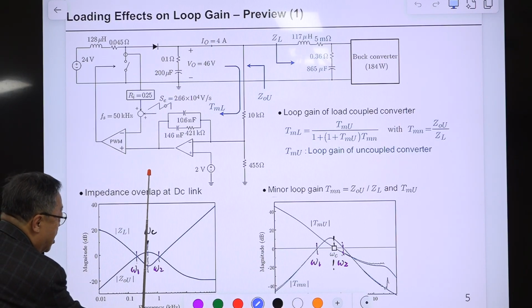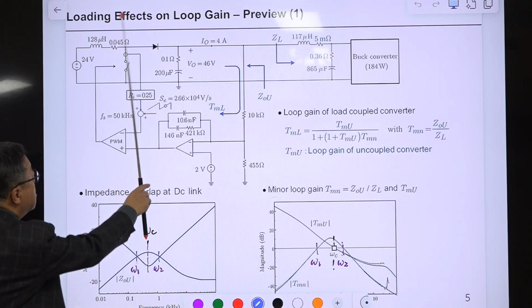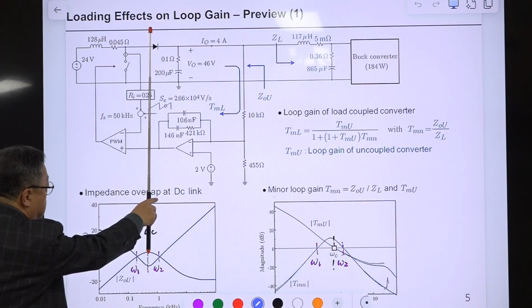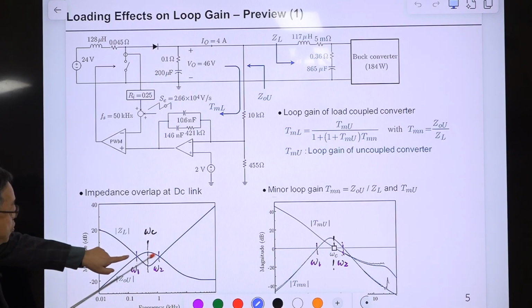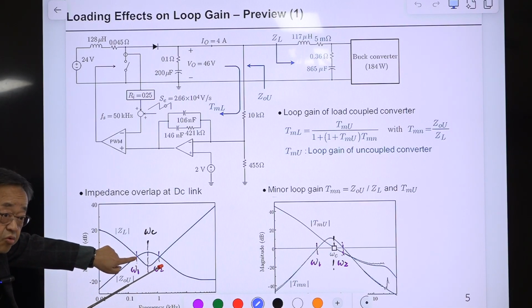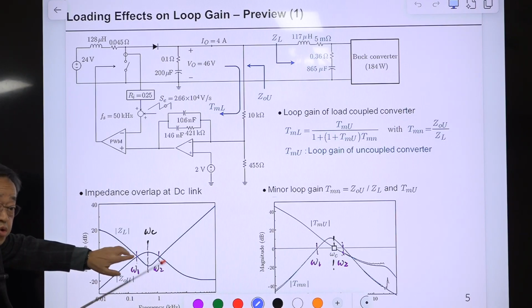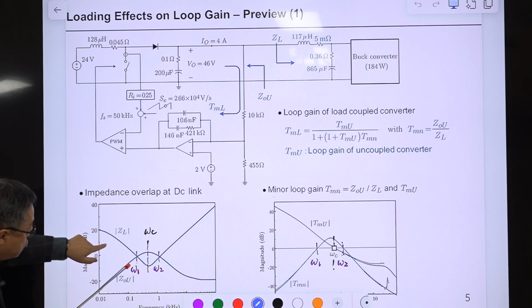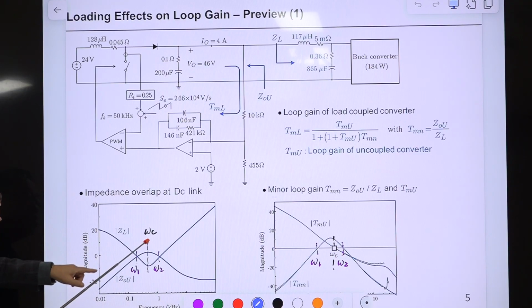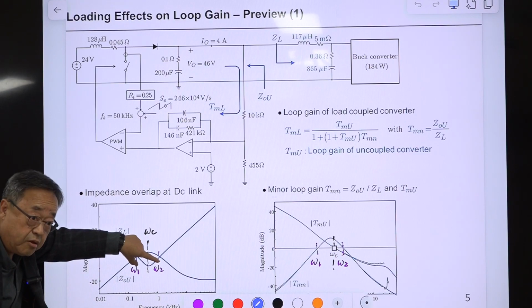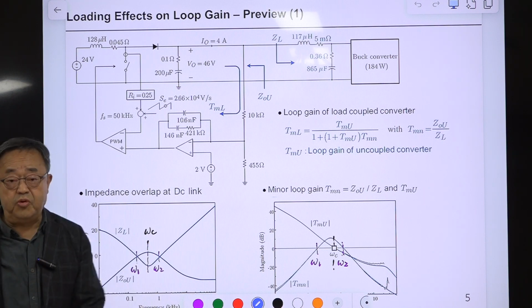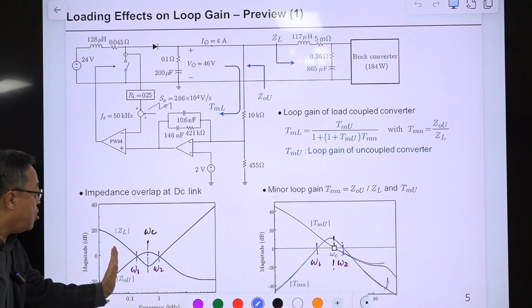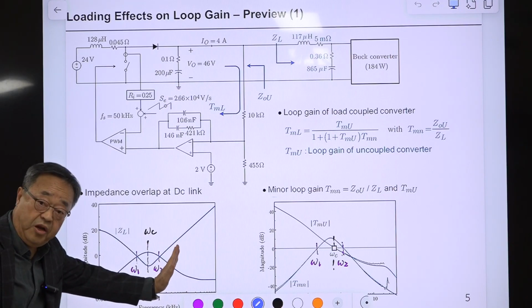So omega C, the crossover frequency of the uncoupled converter loop gain, should be located in between omega 1 and omega 2. This is the usual case. Maybe you may have something like this, or something like this, but it usually occurs in between. In the textbook, I consider three cases, when omega C is somewhere here, or somewhere here.